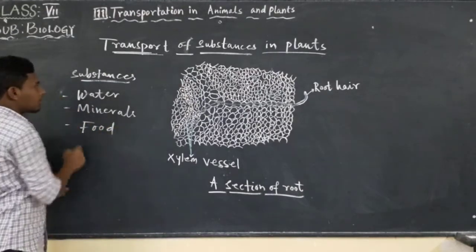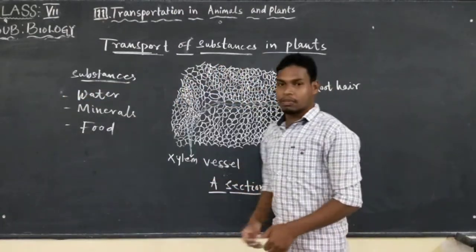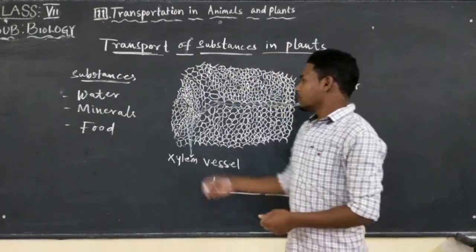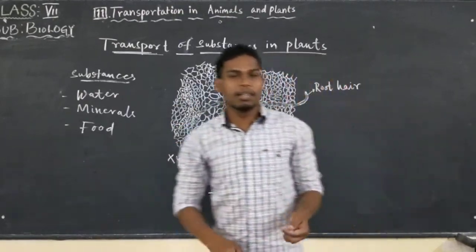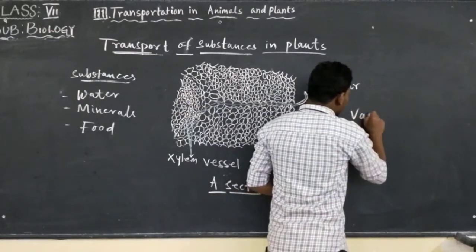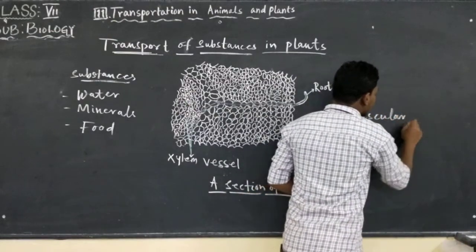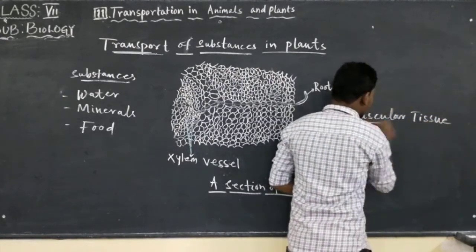These substances need to be transported in plants. They are transported by a complex tissue known as vascular tissue.